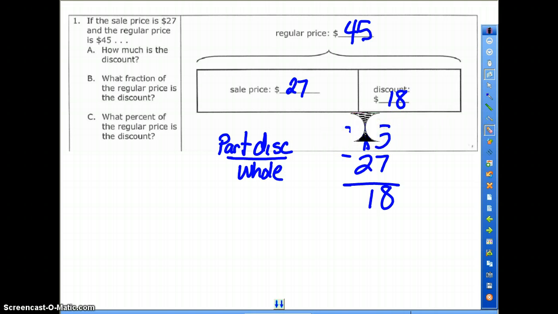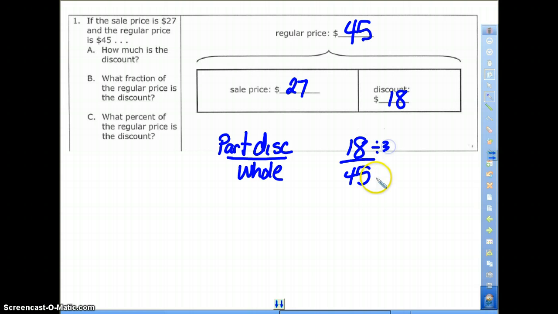Well, that's 18 over 45, and then we're going to reduce. I see that's divisible by 3, but actually, they're both divisible by 9. Let's divide by 9 instead. We get 2 over 5.